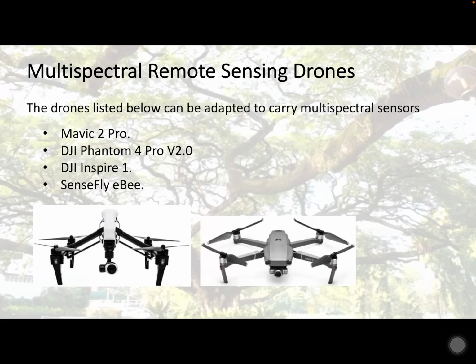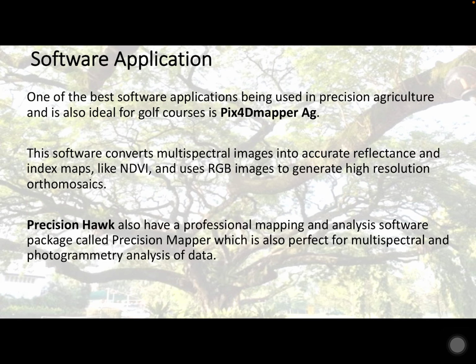And other than this Phantom 4 for multispectral remote sensing, I list here some drones that may be used, which are the Mavic 2 Pro, DJI Phantom 4 Pro, DJI Inspire 1, and SenseFly eBee.